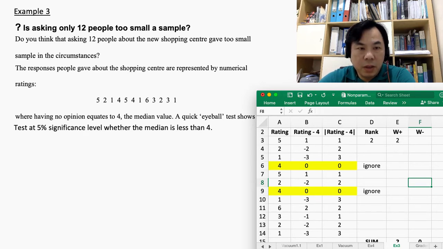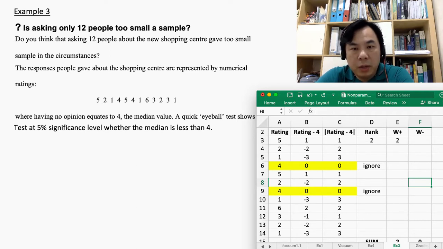The responses people gave about the shopping center are represented by a numerical rating, where having no opinion equates to 4, the median value. Then having 1, 2, 3 would be less than the 4 there.